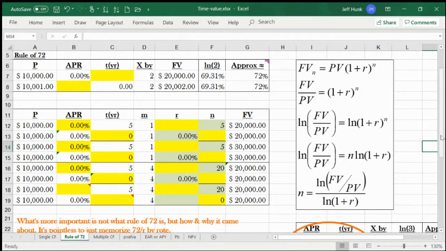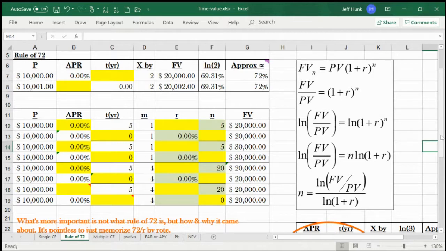accounting generally, or some sort of self-guided how-to books like something for dummies, right? They always mention the rule of 72 as if it is some magical formula or magical method.